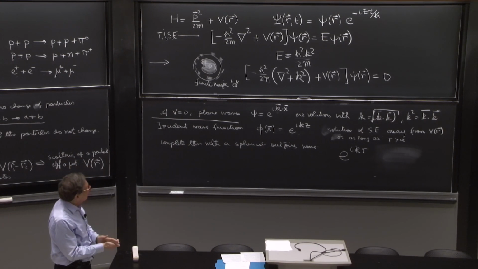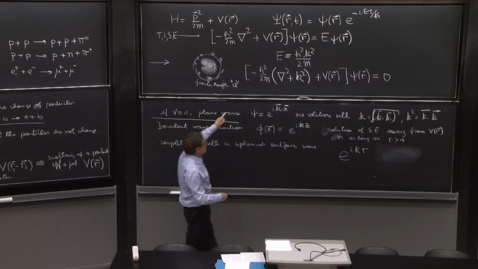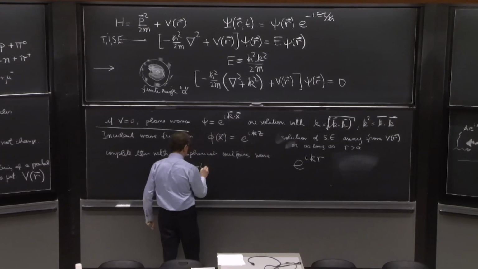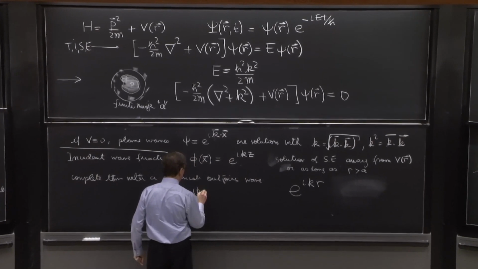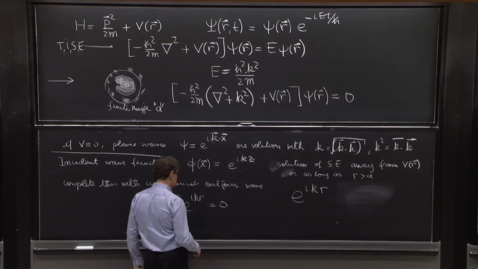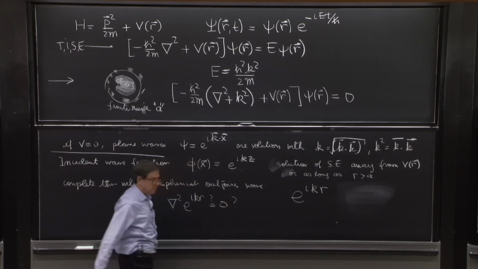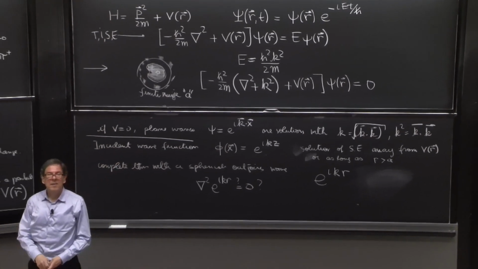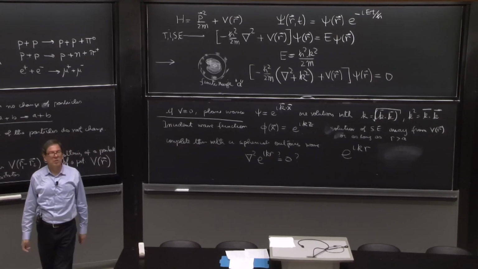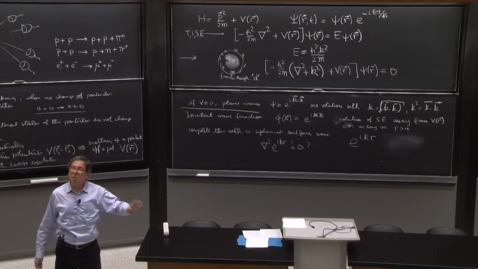Would e to the i kr solve the equation? Well, for that, you would need that, away from the potential, the Laplacian of e to the i kr roughly equals 0. Is that true? Will it solve it? No, it doesn't solve it. It doesn't even come close to solving it.